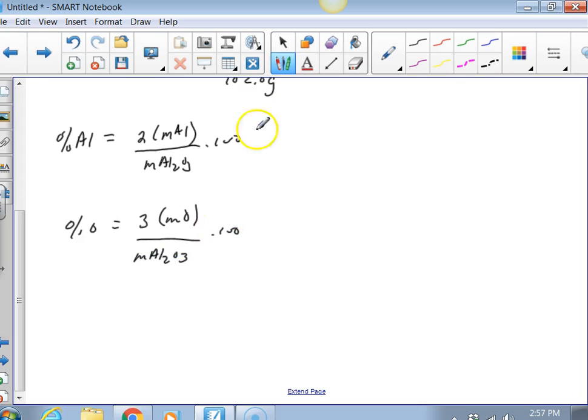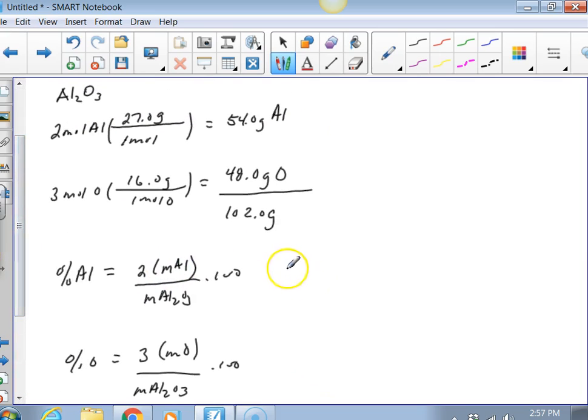So this comes to 2 times 27, or as we had above, 54. That mass, divided by 102 grams, times 100. So 54 divided by 102 and multiplied by 100 is 52.9%.